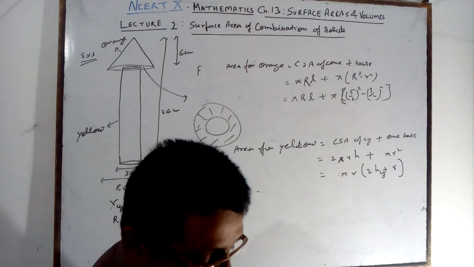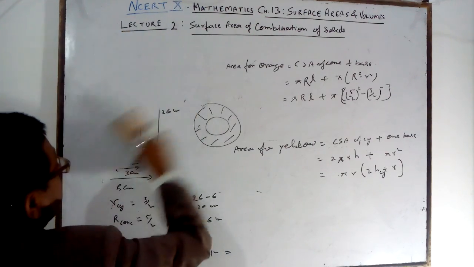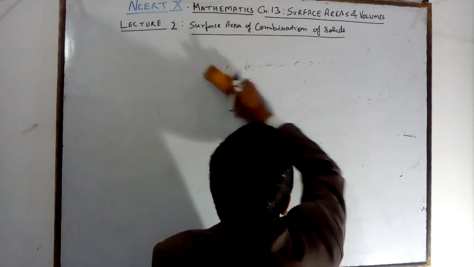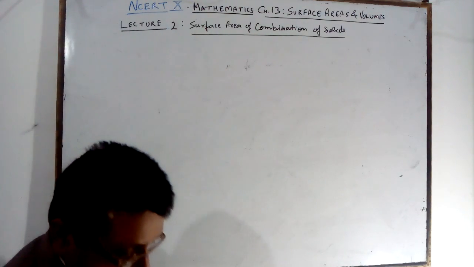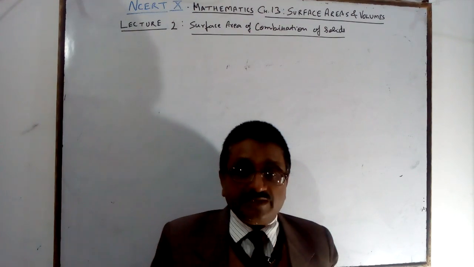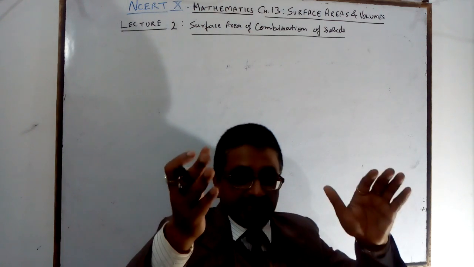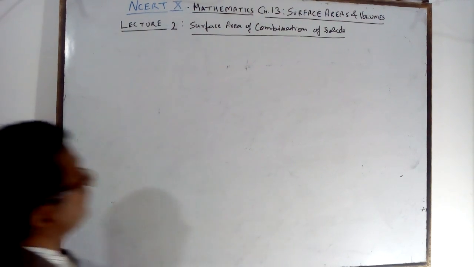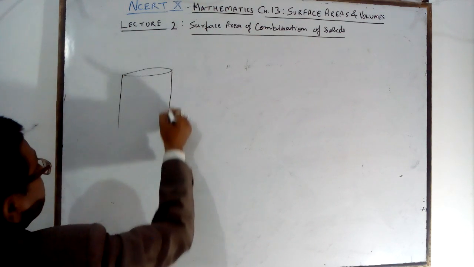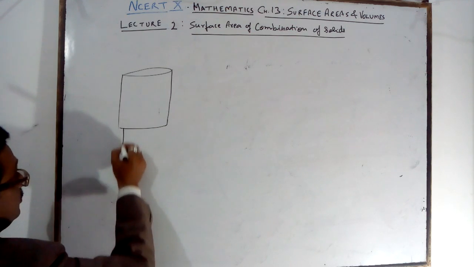Example number 4 is given here. What is given in example 4? There is a bird bath. A bowl is kept on a tripod, a three-legged stand.